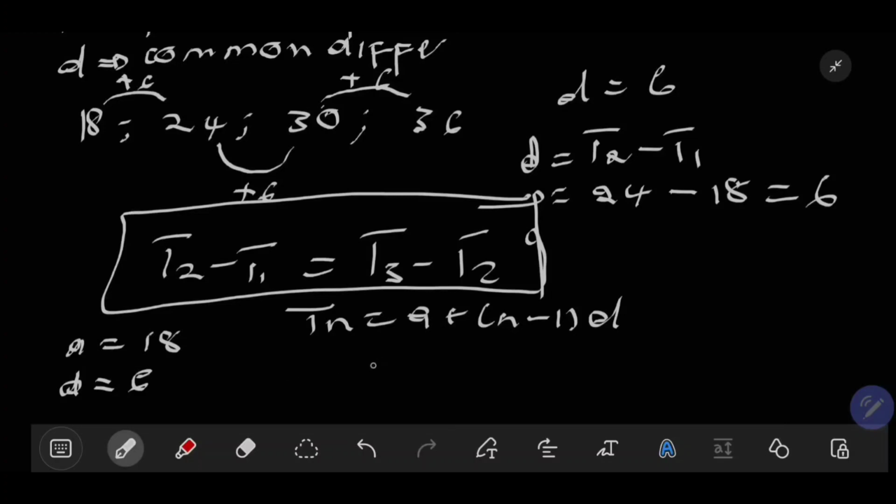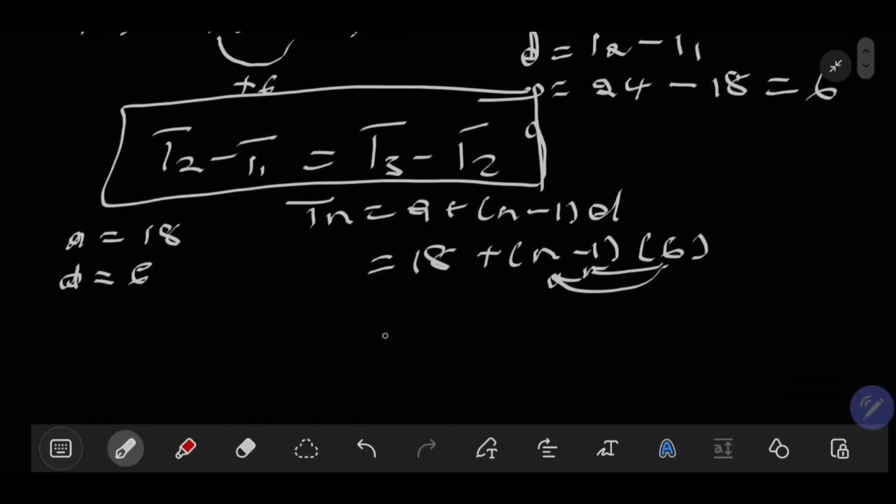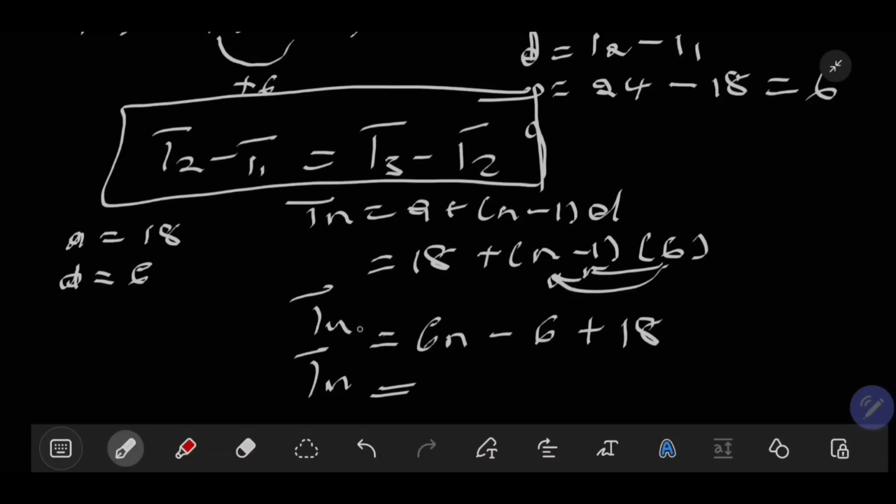We substitute A as 18, plus (n minus 1) times 6. We remove the bracket, so we have 6n minus 6 plus 18. So our Tn equals 6n plus 12. This is the general rule for that pattern.